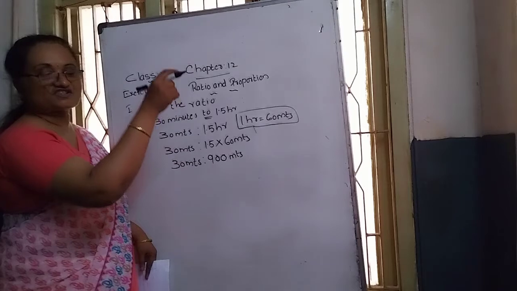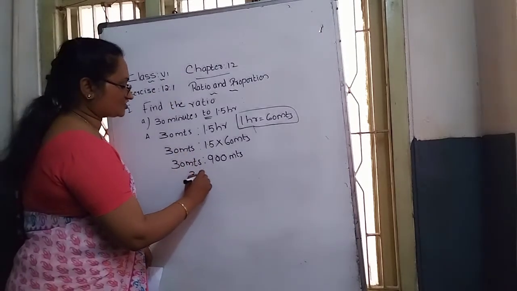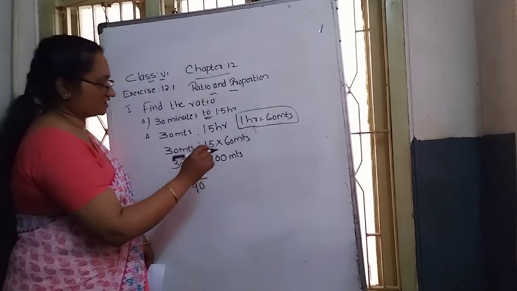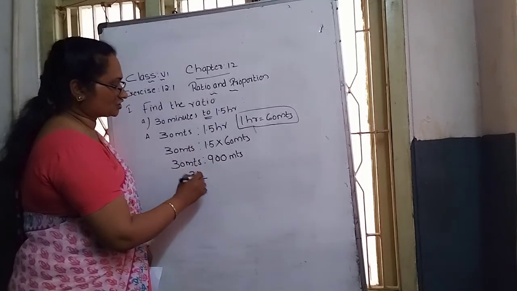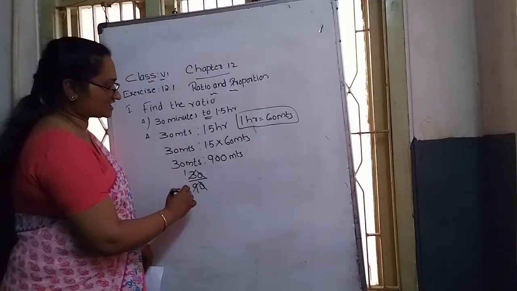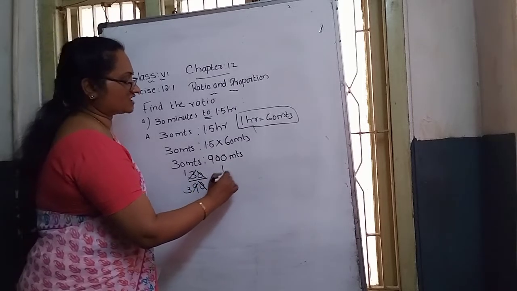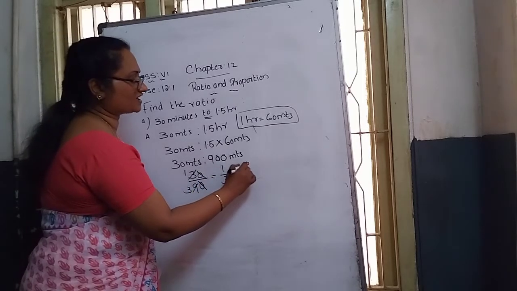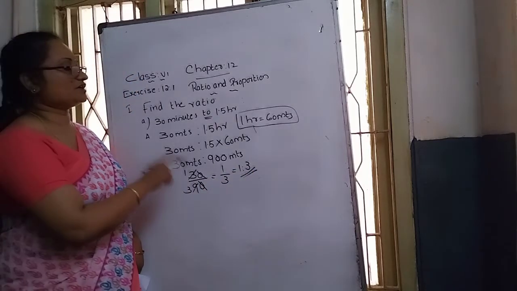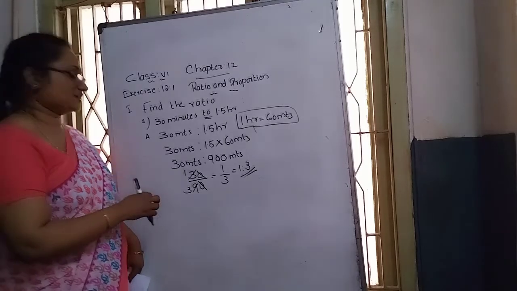The next step is to write it in fractional form, 30 by 90. The units are the same, so we leave them. Then cancel the zeros. 3 table 3, 1 time; 3 table 9, 3 times. So we get 1 by 3, written in ratio form as 1 is to 3. I hope you understand how to convert the given numbers into ratio form.